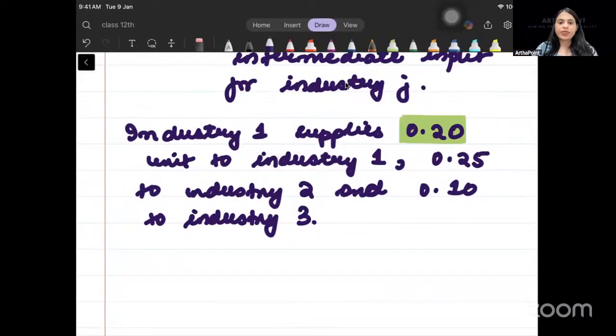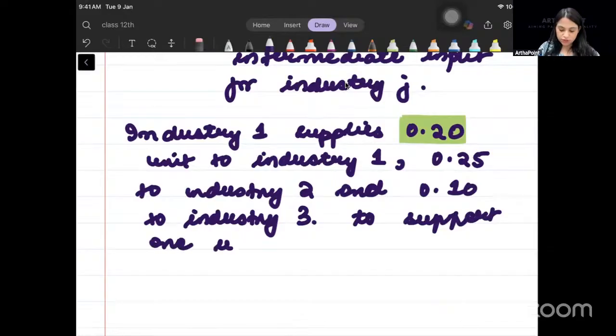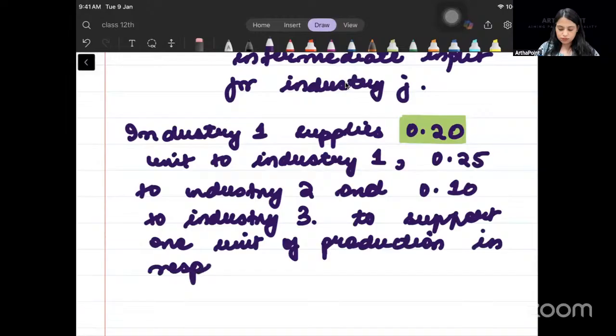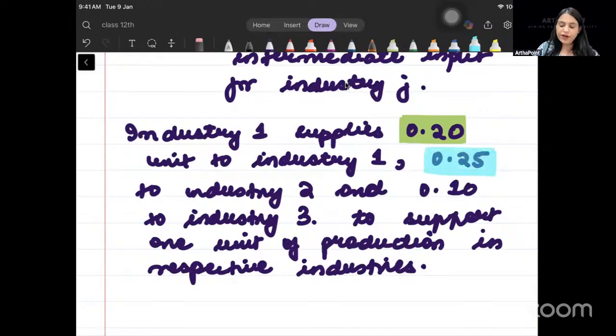So we can say here itself that to support 1 unit of production in the respective industries. ठीक है। सिमिलरली इंडस्ट्री 1 इज एलोकेटिंग 0.25 यूनिट्स ऑफ इट्स आउटपुट टू इंडस्ट्री 2 ताकि वो अपना 1 यूनिट बना पाए, एंड इट इज गिविंग 0.1 यूनिट, मतलब उसका 0.1 यूनिट इंडस्ट्री 3 में यूज हो रहा है, right?